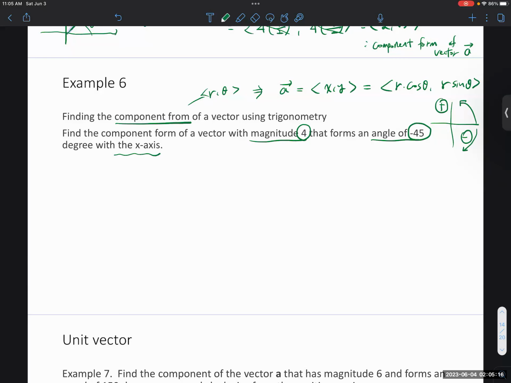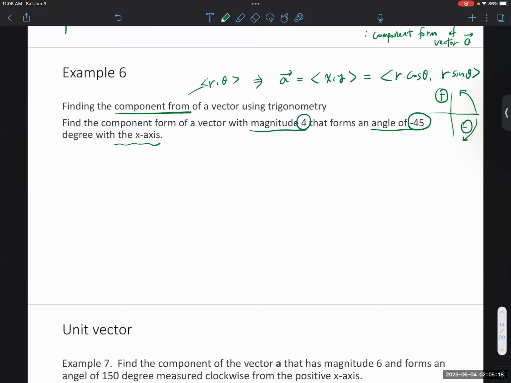So we need to find it here. Negative 45 is going to be here, right? So this is negative 45. And then we are looking for this vector A as a component form.